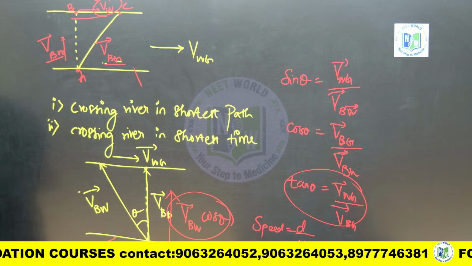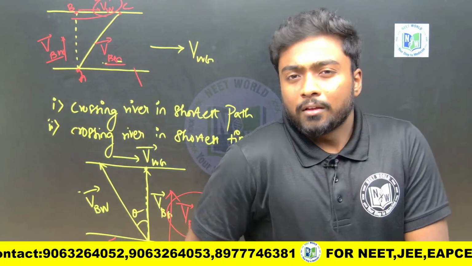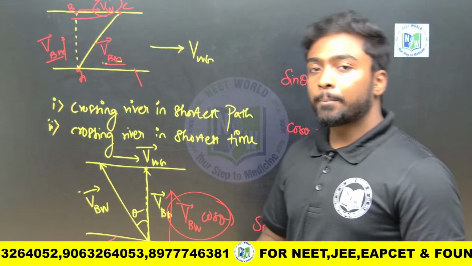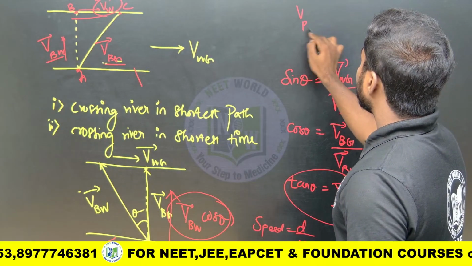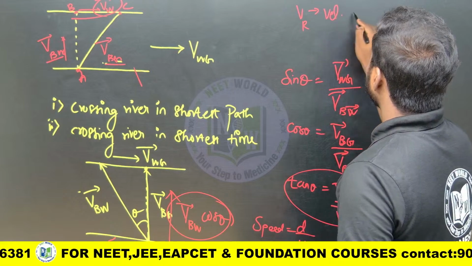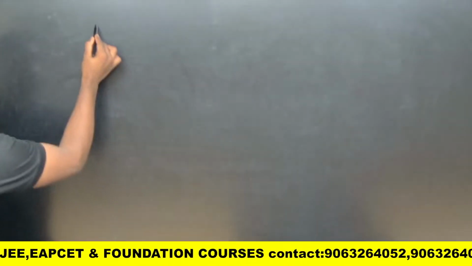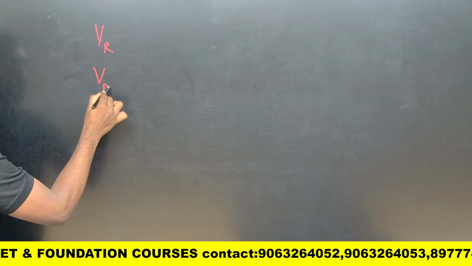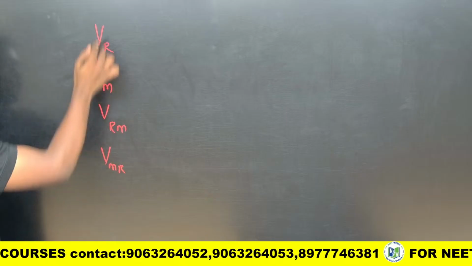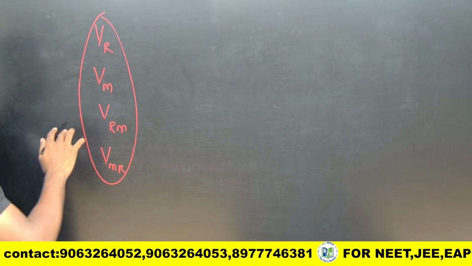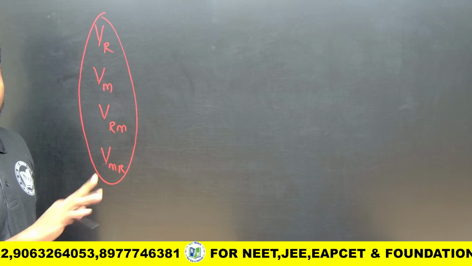Okay, guys. The same thing which we are going to apply for the rain and man problem also. The same concept only, no need to worry. This is velocity of rain. VM and VRM or VMR are the variables we are going to use for velocity of rain or velocity of man with respect to both of them.